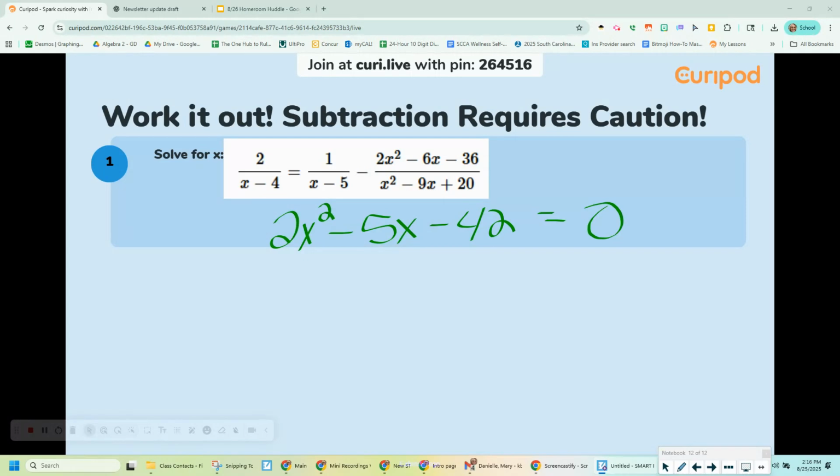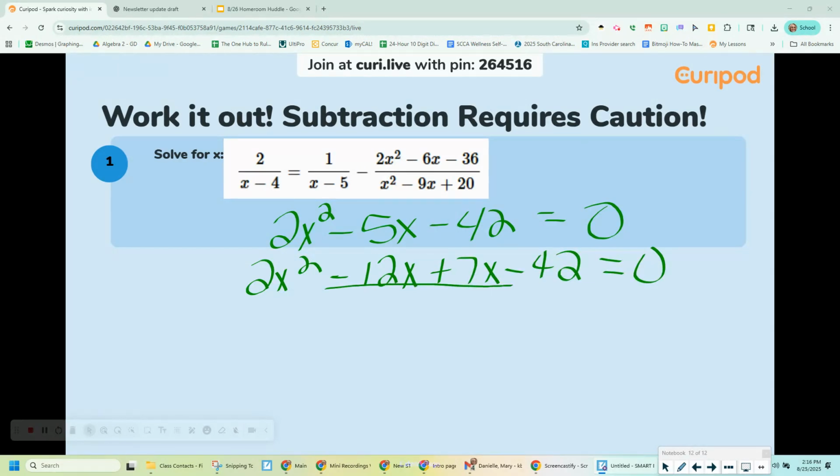I'm going to break up the middle: 2x squared plus 12x minus 7x minus 42 equals 0.